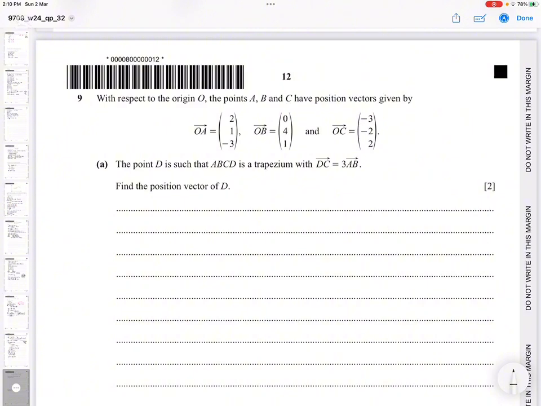Find the position vector of D. So he said DC is equal to 3 times AB. So DC means, because the position vector, I can write OC minus OD equals 3 times AB, which means OB minus OA.